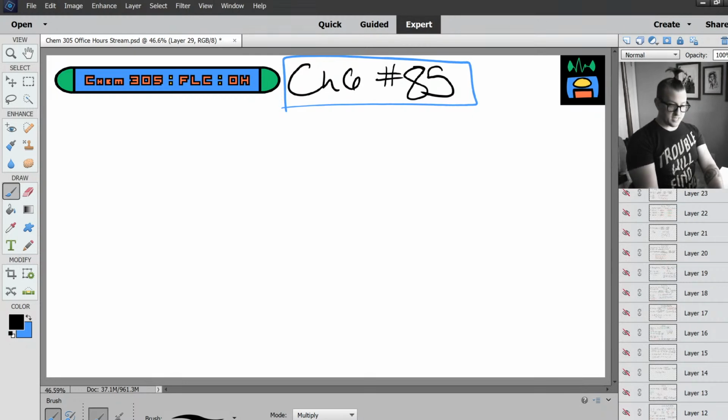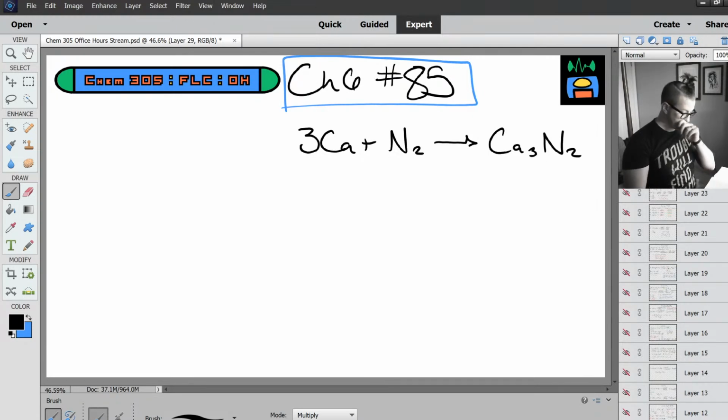So they give us a balanced chemical equation, which is nice. 3 moles of calcium react with 1 mole of nitrogen to produce 1 mole of calcium nitride. They tell us that we start with 29.0 grams of nitrogen and excess calcium.